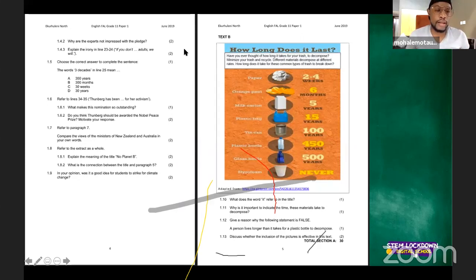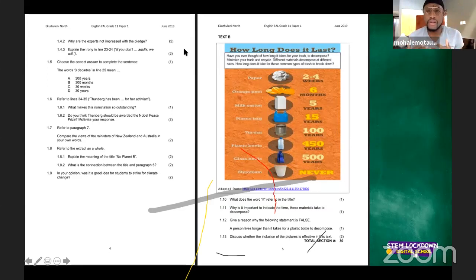If you don't act like adults, we will. Now, the irony is that we expect adults to take charge, for adults to take the lead. We know that if there is an adult, things are going to be sorted. The irony is that these kids are now carrying placards saying, if parents don't do it, we will.